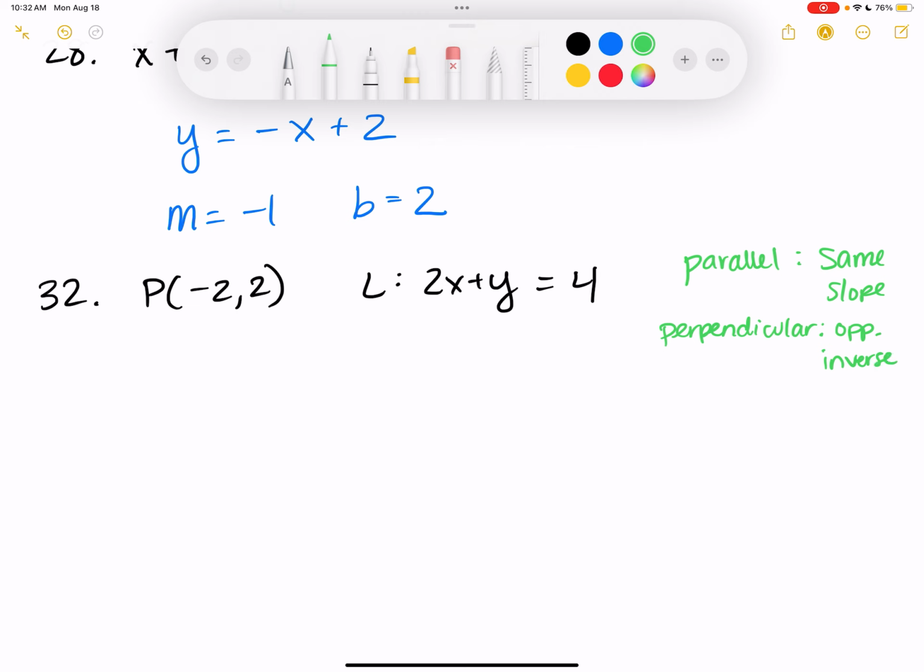So if it's like 2, it would be -1/2 as the other slope. So essentially I need to find the slope of this first. So y = -2x + 4. So this slope is -2.